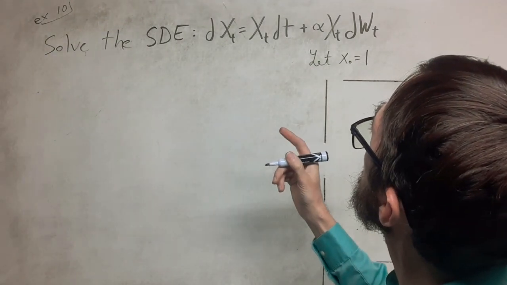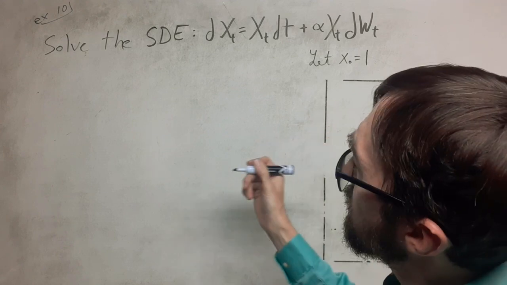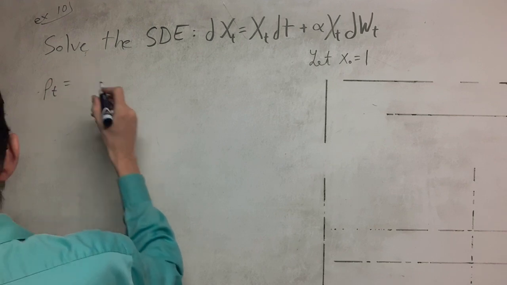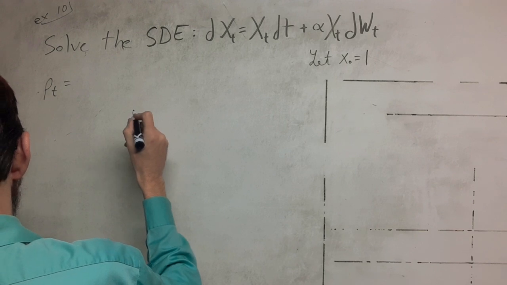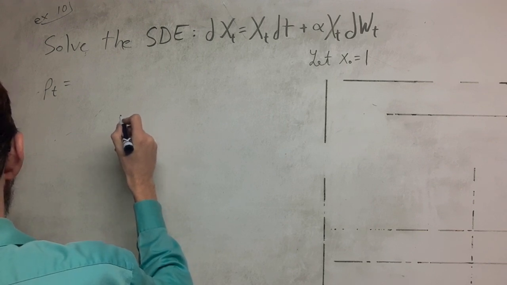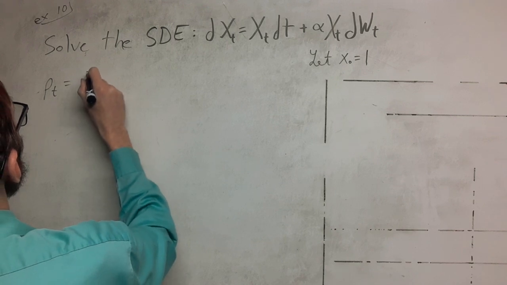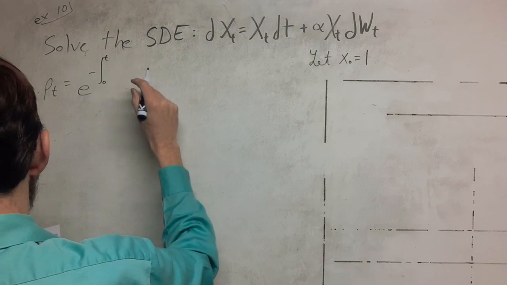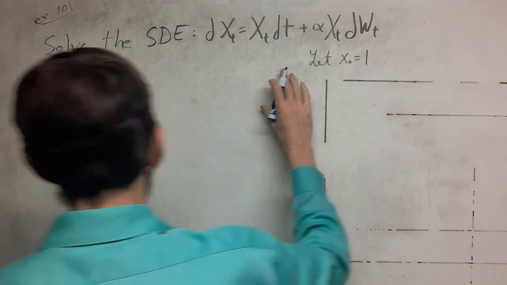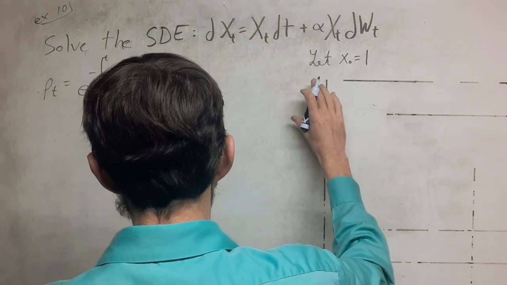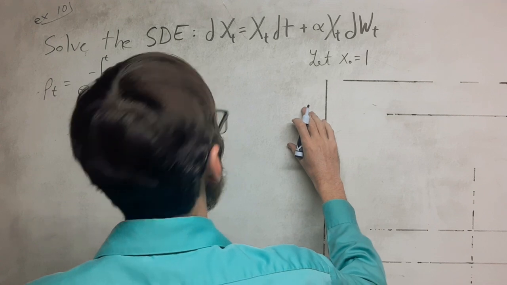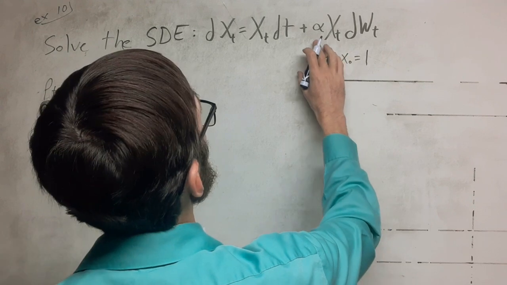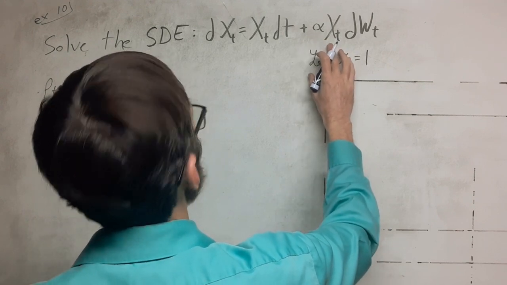The first thing that I need to find is rho sub t. So we're going to have e to the negative integral from 0 to t of the g square term, which is the coefficient of x sub t here.